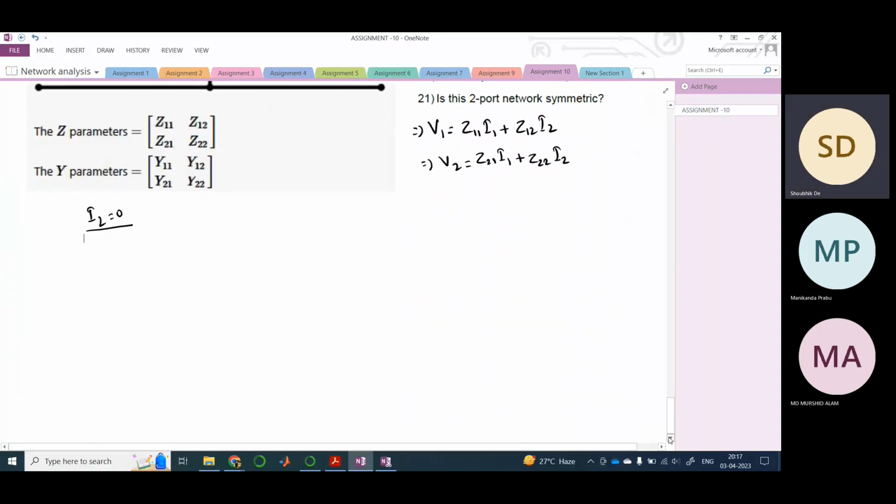Anyways, let us now focus on finding the Z parameters.